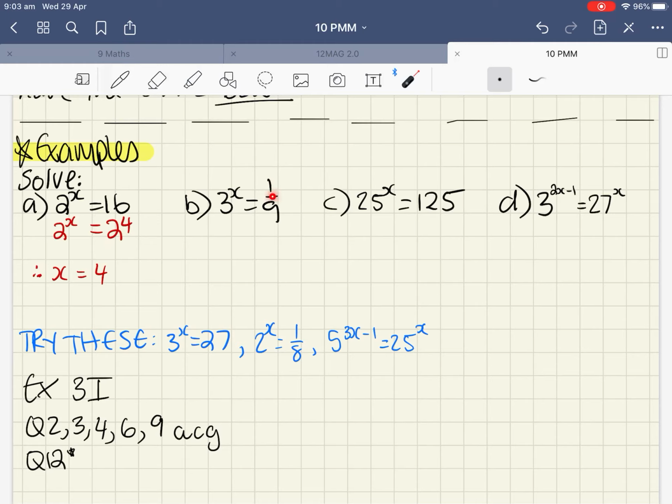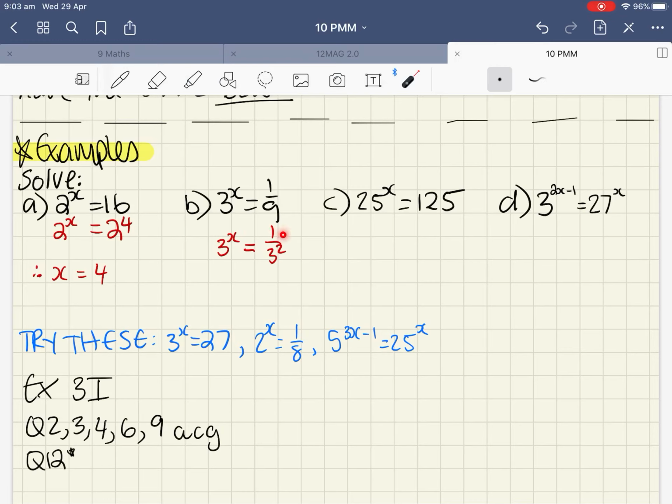Now, this is an easy example because we can easily just pop these in with the same base. Let's have a look at example B. 3 to the power of x equals 1 over 9. Now, this is a bit trickier. The first thing I'm going to recognize about the right-hand side of my equation is that 9 is 3 squared. So I'm going to write that in, 1 over 3 squared. But that's still not super helpful because it doesn't look like this yet.